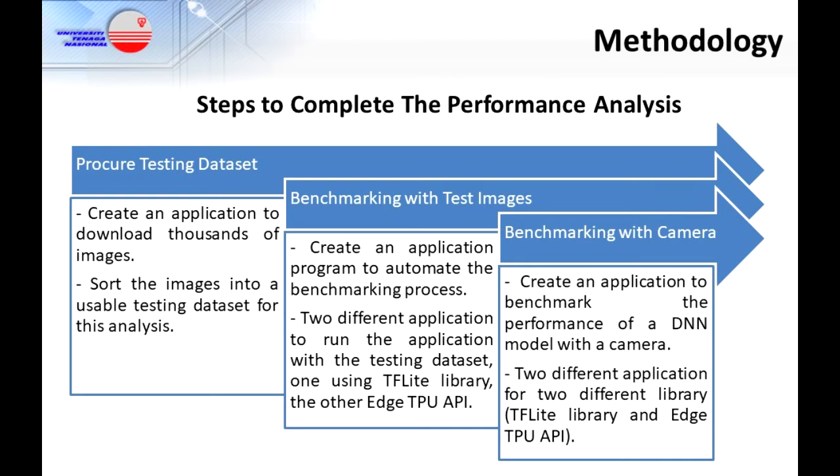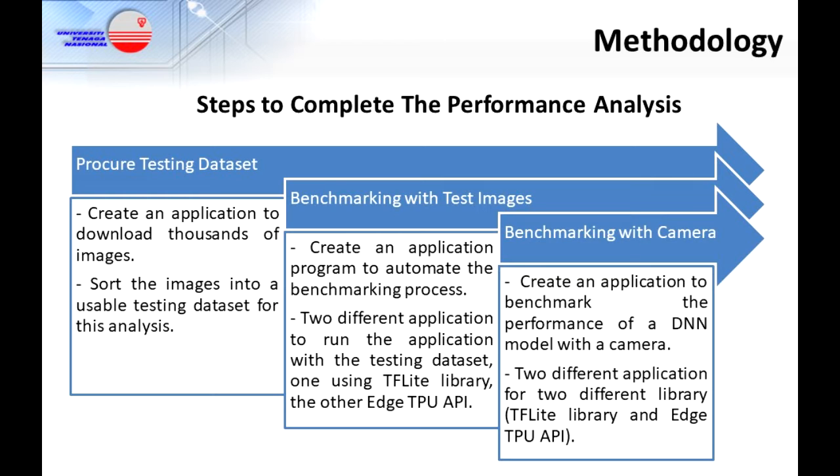For the methodology, there are 3 steps to complete the performance analysis. First, we procure the testing data set. We create an application to download thousands of images, and then we sort the images into a usable testing data set for this analysis.